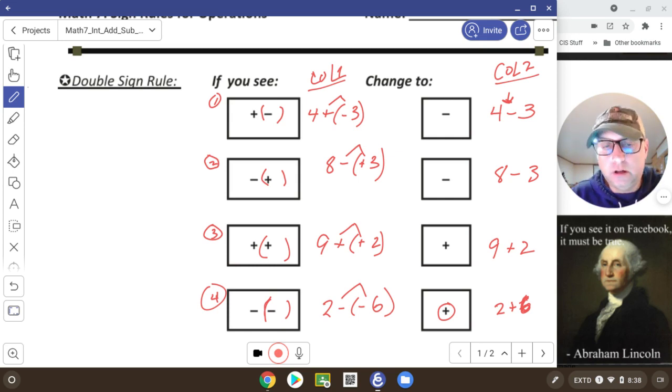So I really recommend that you attack those double signs and rewrite them into a much simpler form. You have to know that plus minus is minus. Minus plus is minus. Basically, when you have two symbols in a row that are opposites, the equivalent is just a single negative. If you have two symbols in a row that are the same, plus plus or minus minus, those are equivalent to a single plus.